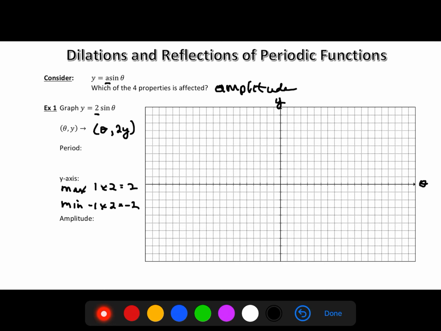So when we're graphing our y-axis, we're going to keep that in mind. We have no vertical shift or horizontal shift. So we know that we only have to go up to 2 and down to negative 2 on our y-axis.